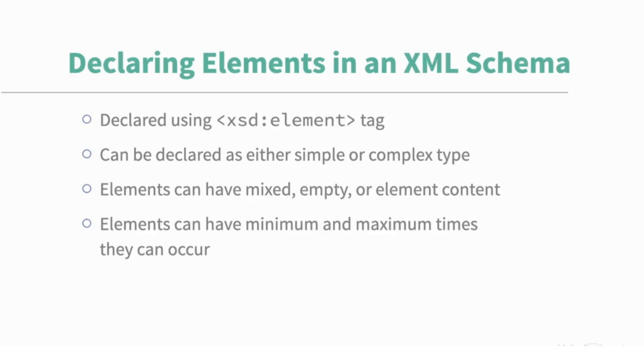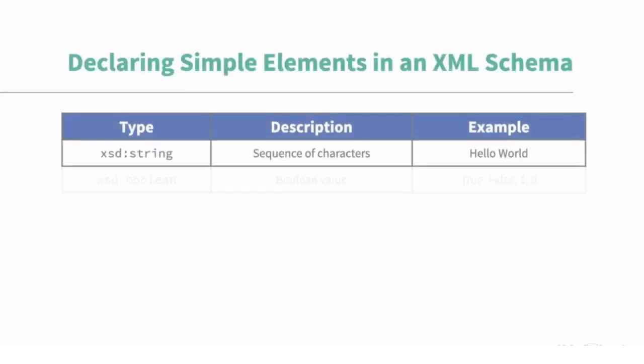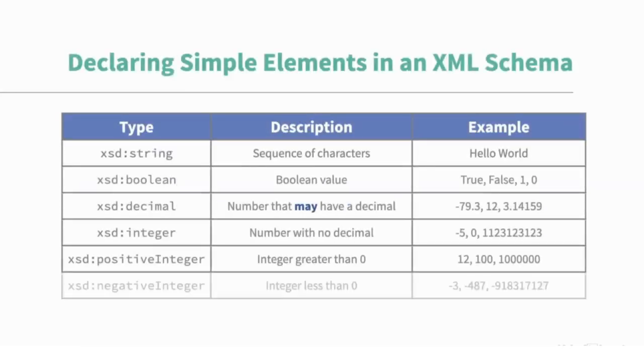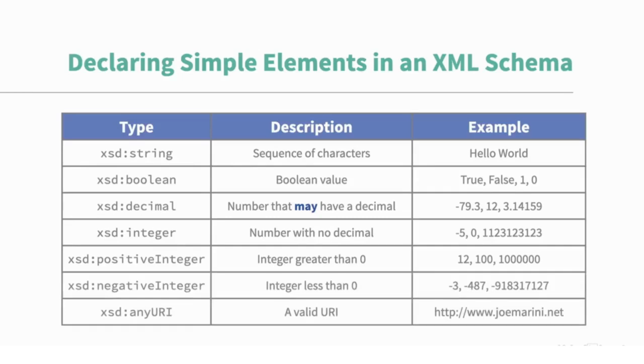There are just a couple of attributes you need to set that control how often an element can occur. Elements can also be restricted to having certain values, and this is where Schema really begins to show its advantages over DTDs. Schema provides a set of built-in simple types, so let's take a look at some of these. I'm not going to go through every one of these, but you can refer back to the table as you need to. Right at the top is the string type, which is the sequence of allowable XML characters.